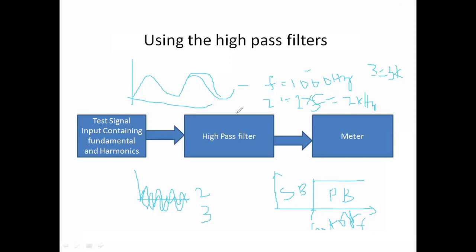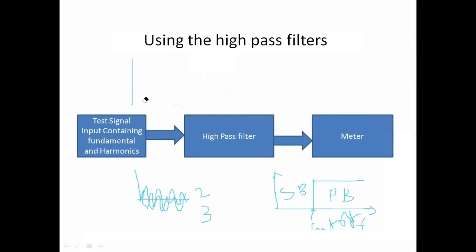So the first method is to suppress the fundamental frequency, and to do that we use the high pass filter. You can choose the cutoff frequency in such a way that it blocks the fundamental frequency and allows all the other harmonic frequency components.